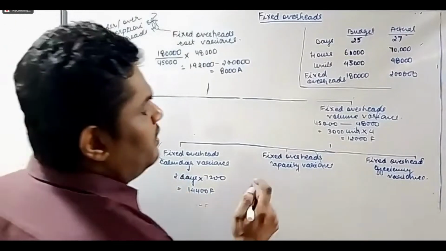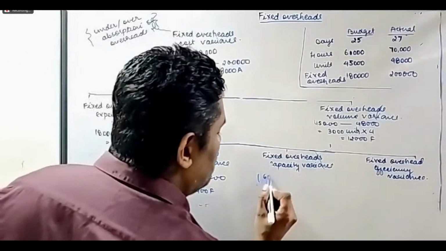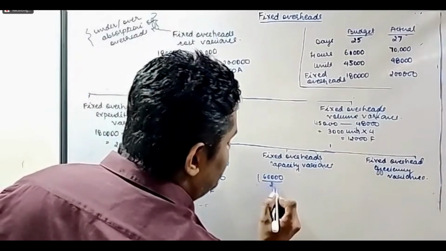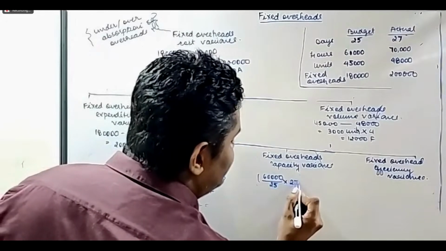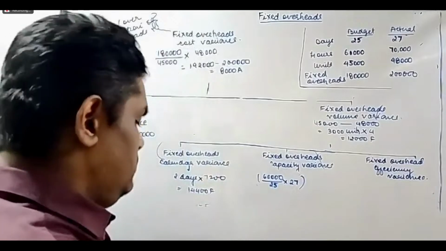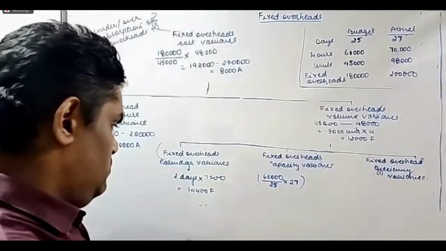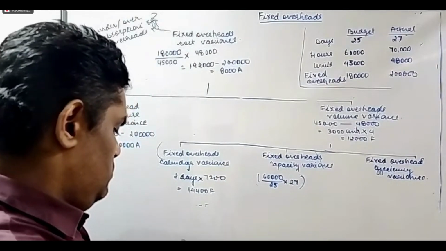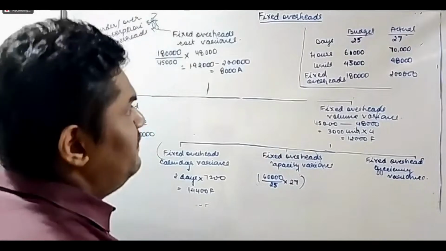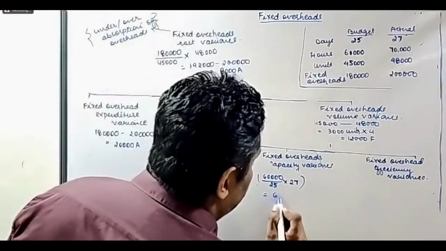Further, when talking about capacity also, 60,000 hours in 25 days. So in 27 days, how much? 64,800 hours.